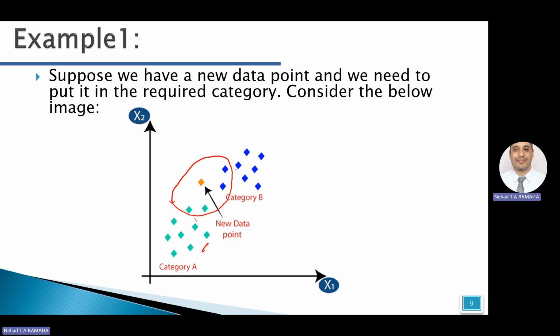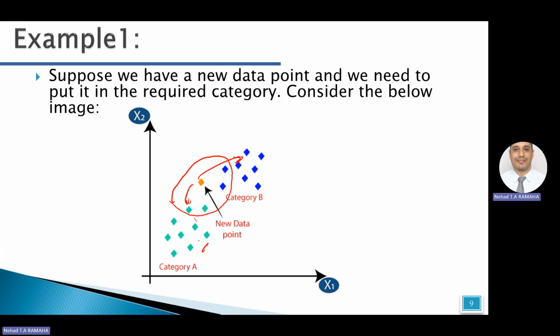If we take it as 5, it belongs to this one. If it's 6 or 7, it belongs to this one. So K will make a big difference for the result.